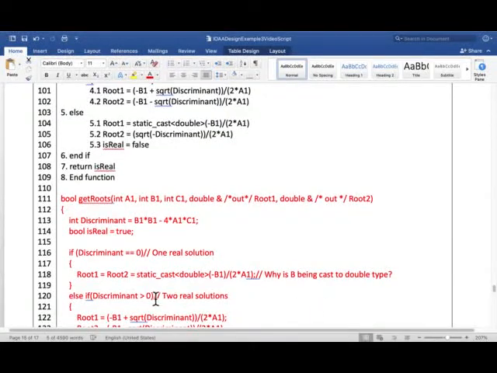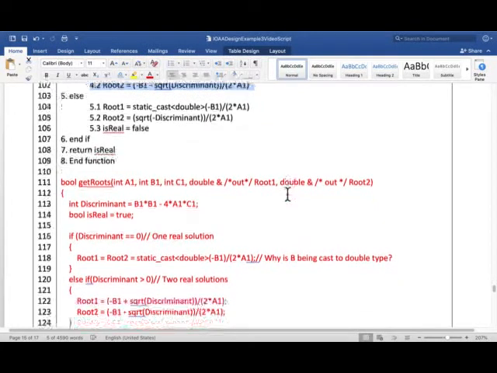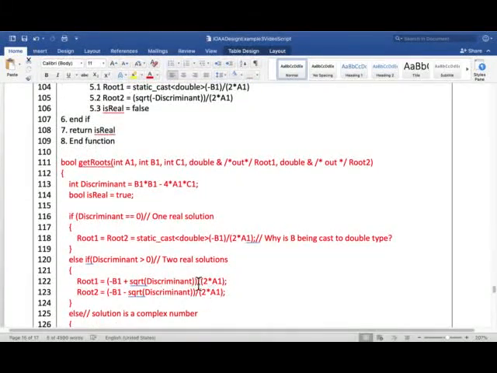Else if discriminant is greater than 0, then I have exactly the same equations and expressions right here. And then this got populated, and this got populated, by the same value, of course.